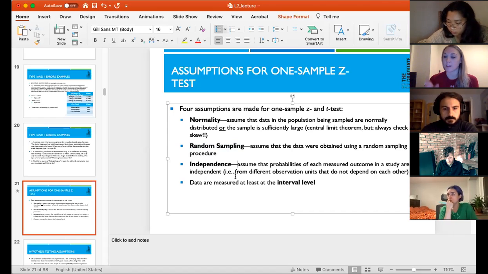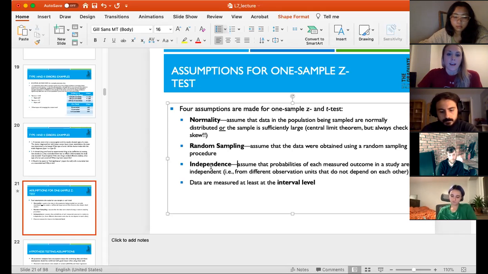Let's say I'm measuring students' IQ and I want to compare it to the national average. I didn't accidentally sample the same student twice, so their IQ isn't in the data twice, giving me 2 measures that are actually the same person. That would violate independence. So for one sample Z and one sample T, independence is an assumption that you have to have.